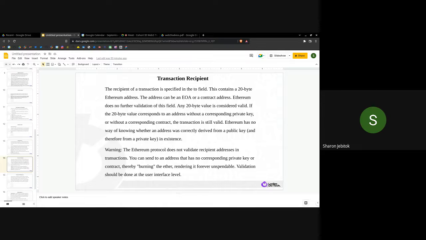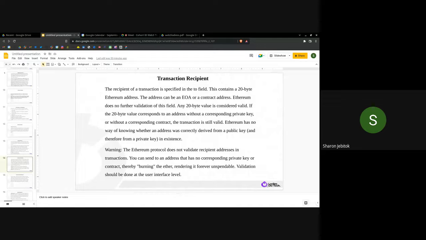So for that field, it will be an Ethereum address, which could be someone's externally owned address, or the address of a smart contract, which is the contract address.